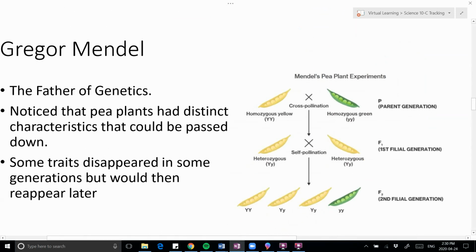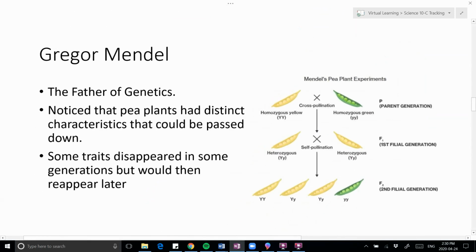So Gregor Mendel was one of the first scientists to start looking at inheritance. And he didn't even know what DNA was at the time. All that he noticed was that there were certain things about his plants that, when he bred them, looked different in the offspring.